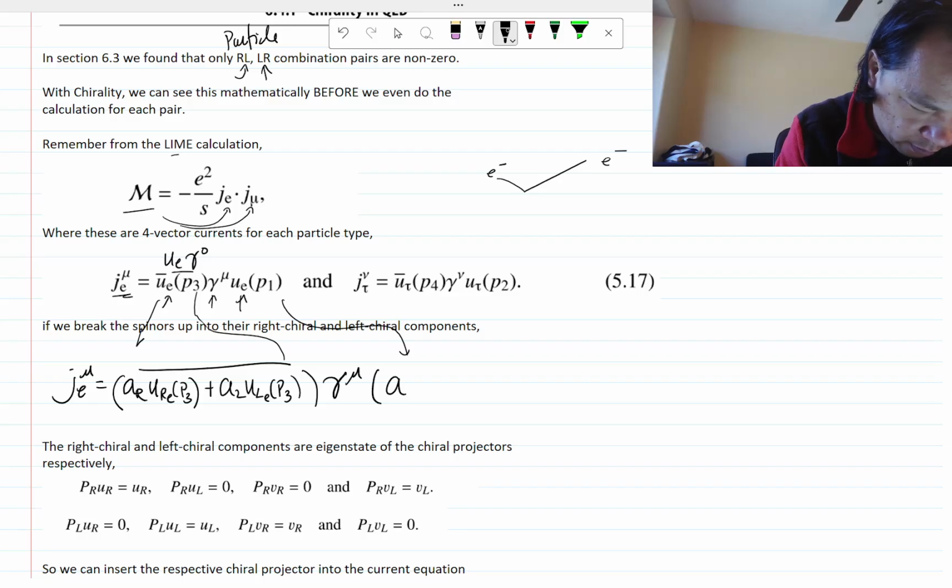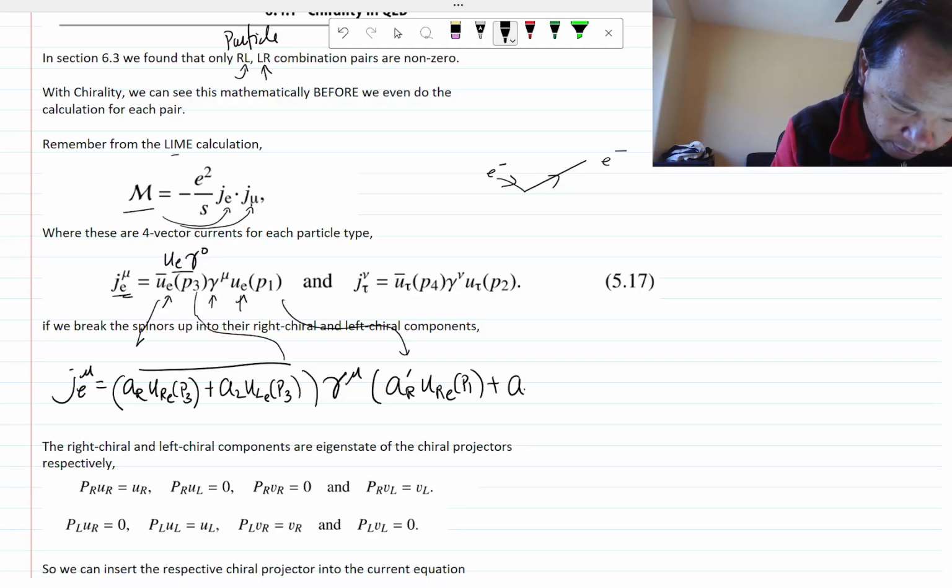And then we also have the possible right-handed part. And these can actually be different, so I'm going to put a little prime here. The right-handed electron with momentum P1 coming into the vertex, plus the left-handed version of this, and also we put a little prime here, just because it is possible for it to be different.